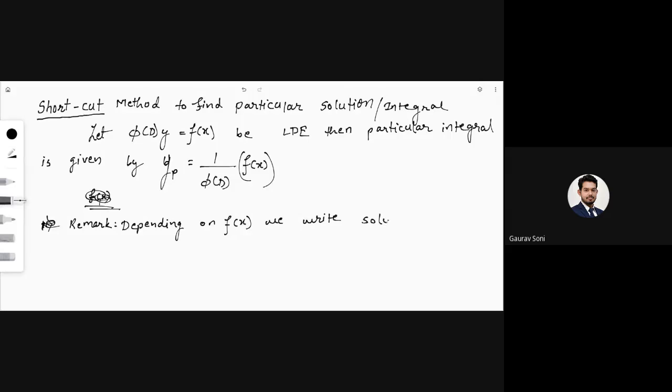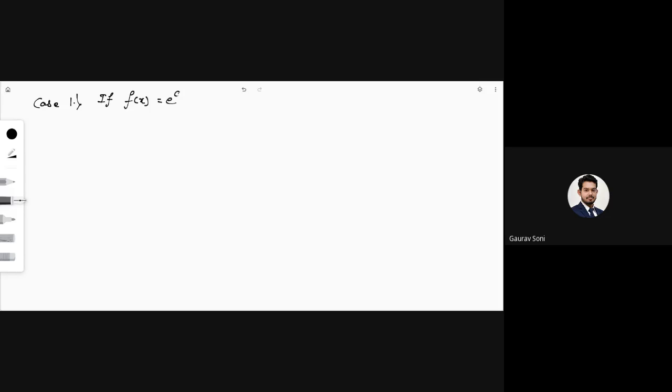Okay, so case number one, if f of x is equal to e raised to ax, then what we had was y p is equal to 1 upon phi of D e raised to ax.